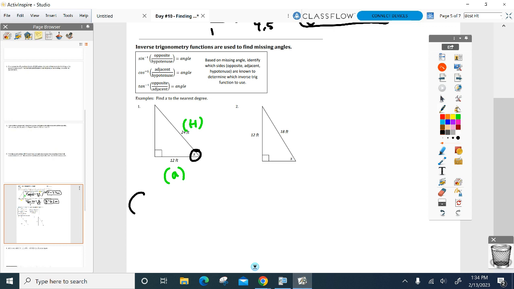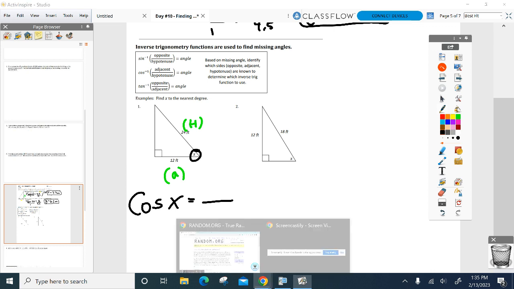Cosine. So what do you think you're going to put now? The angle, right? That's what we've always done. So what's the angle? x. So I put x equals, what's the ratio you're going to set up on the other side, in the correct order?